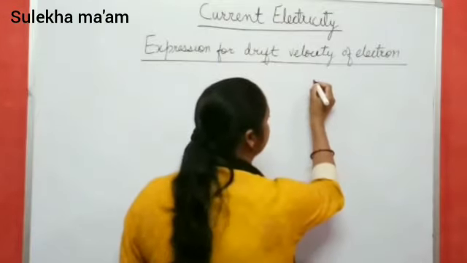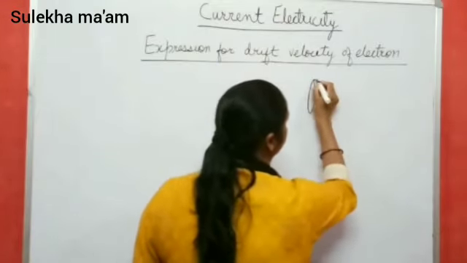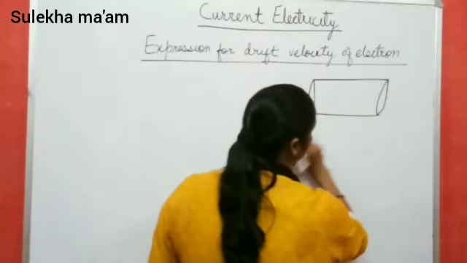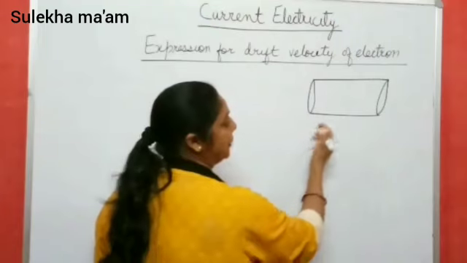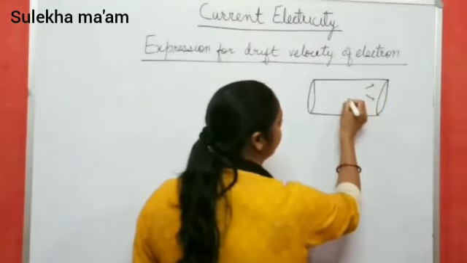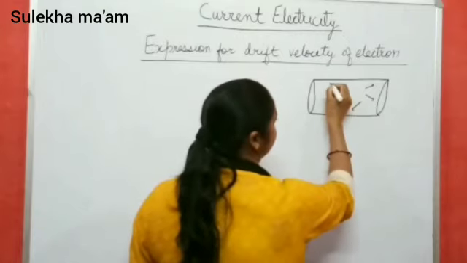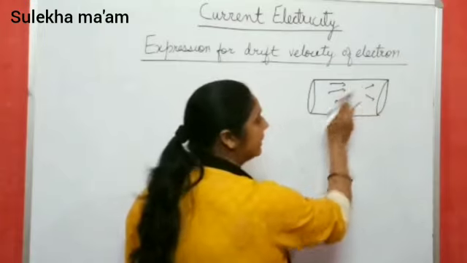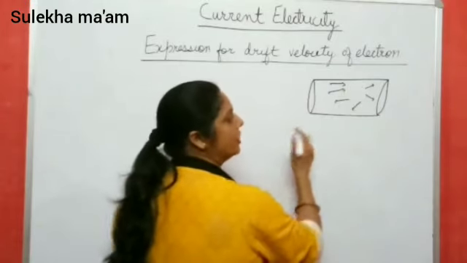Initially, suppose this is a conductor, and when no battery is connected to this conductor, electrons move in all possible directions due to the temperature of the surroundings. It means the velocity gained by the electron is thermal velocity.